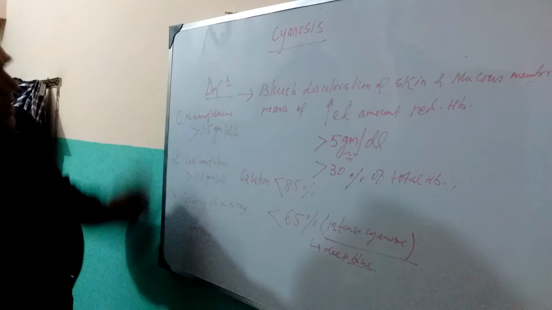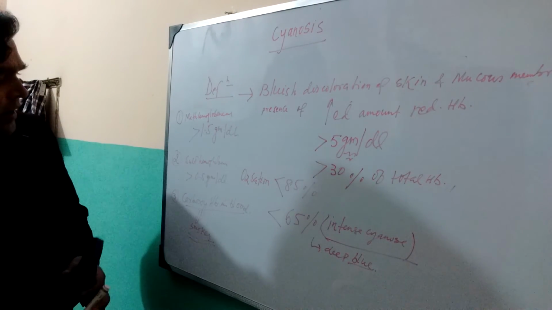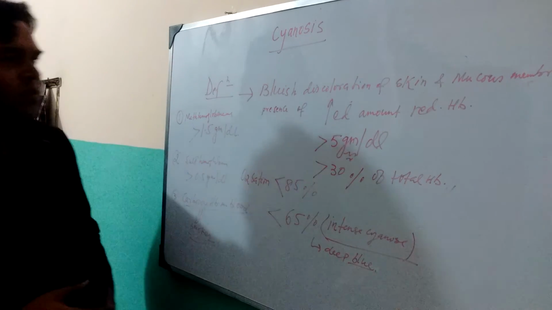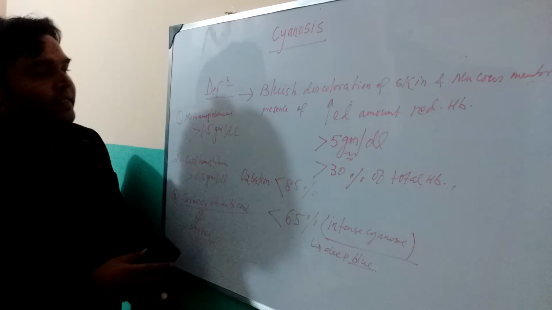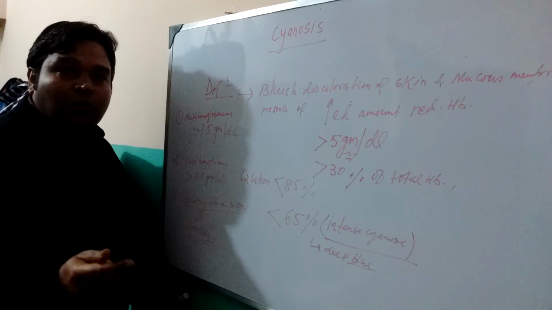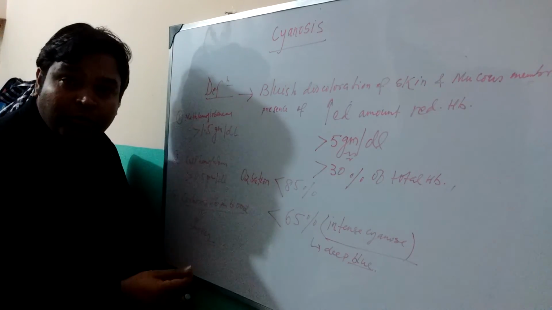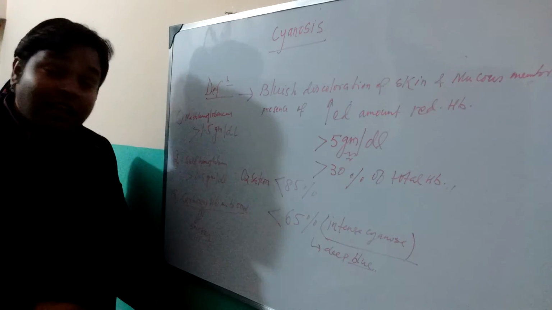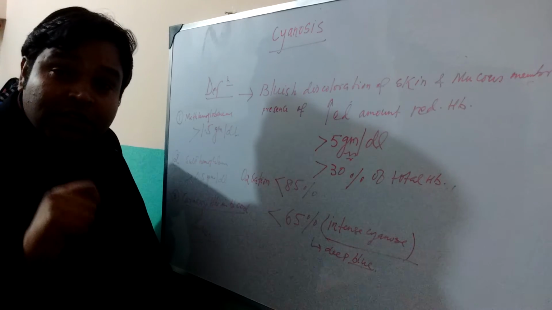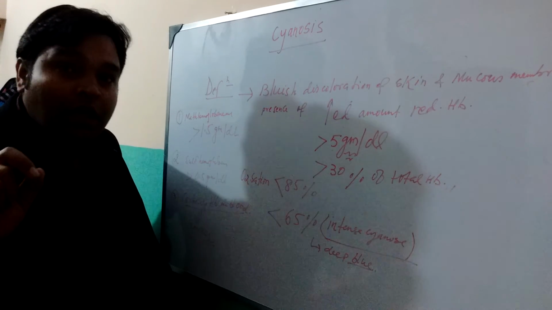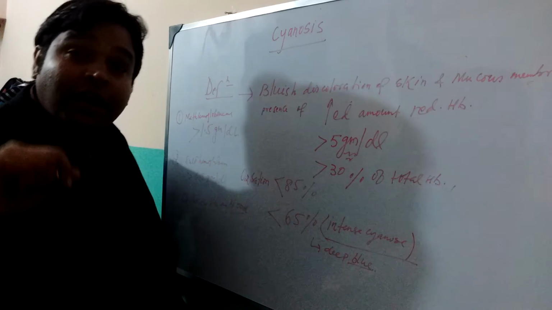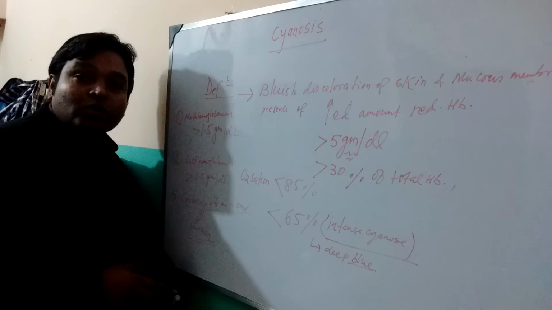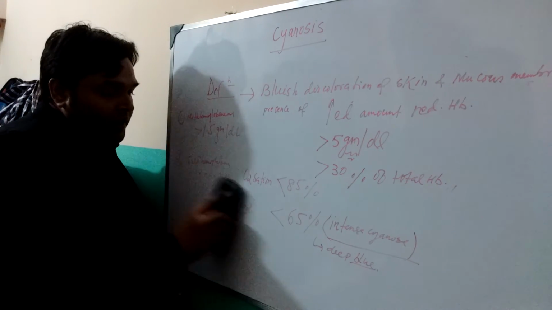Some cyanotic-like conditions mimic cyanosis, appearing like bluish discoloration of the skin. These are methemoglobinemia, when it is more than 1.5 gram per deciliter, and sulfhemoglobinemia, when it is more than 0.5 gram per deciliter, and the presence of carboxyhemoglobin, which is more common in the smoker.